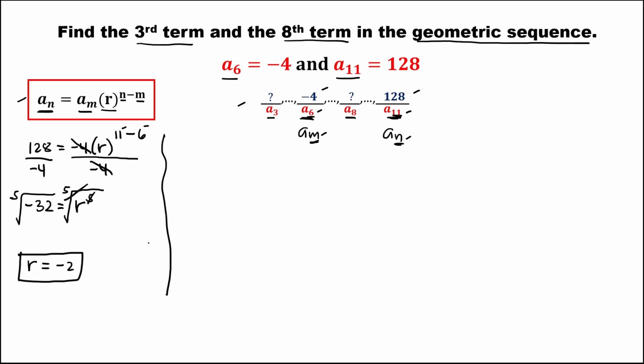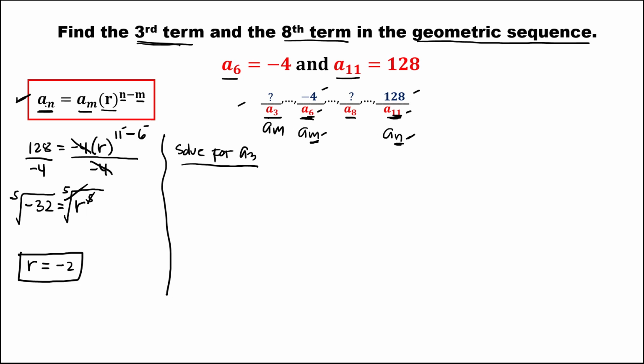This time we can find the third term. To solve for the third term, we use the same formula, but this time a sub 3 becomes a sub m, and a sub 11 is still a sub n because this is the last term.